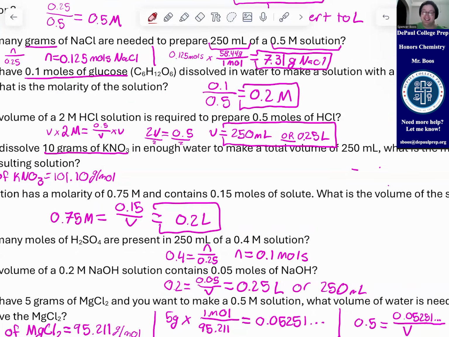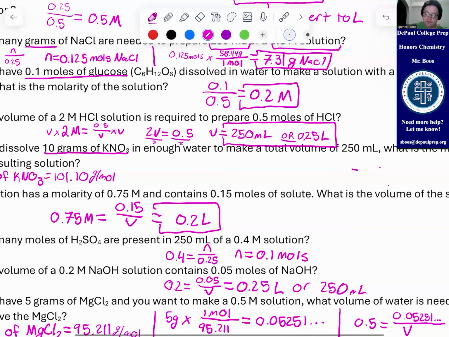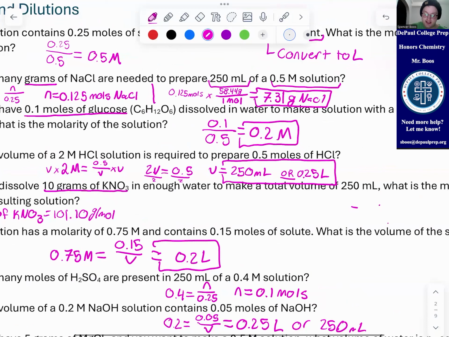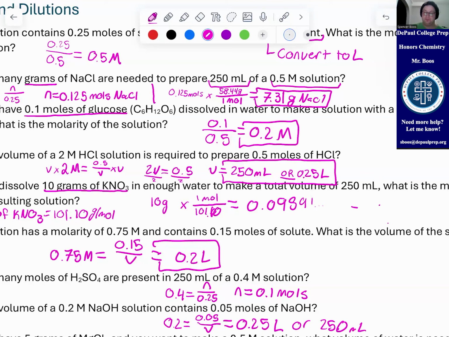So we've got 10 grams of potassium nitrate. With the 10 grams of potassium nitrate, we need to convert that to moles. So we've got 10 grams times the 1 mole over 101.10, which is 10 divided by 101.10, and we get 0.09891 moles.